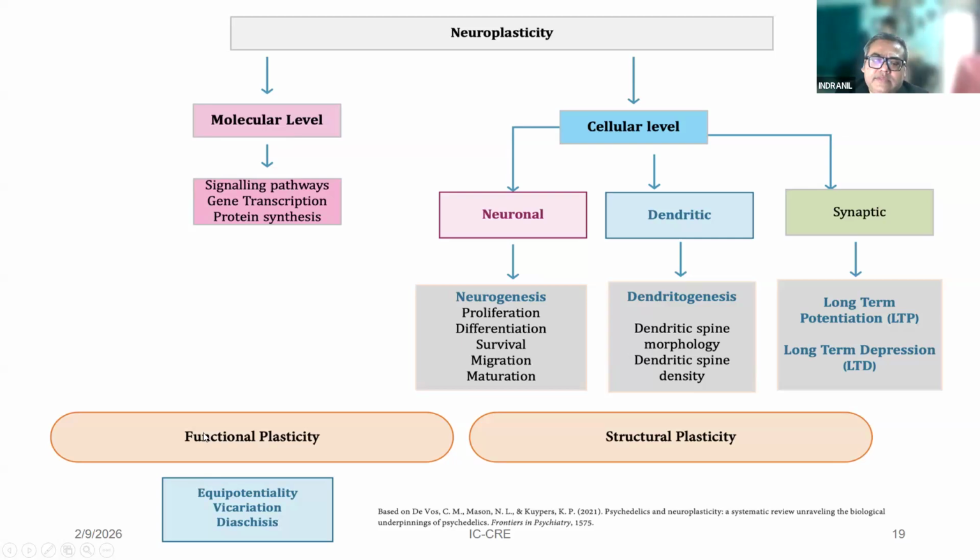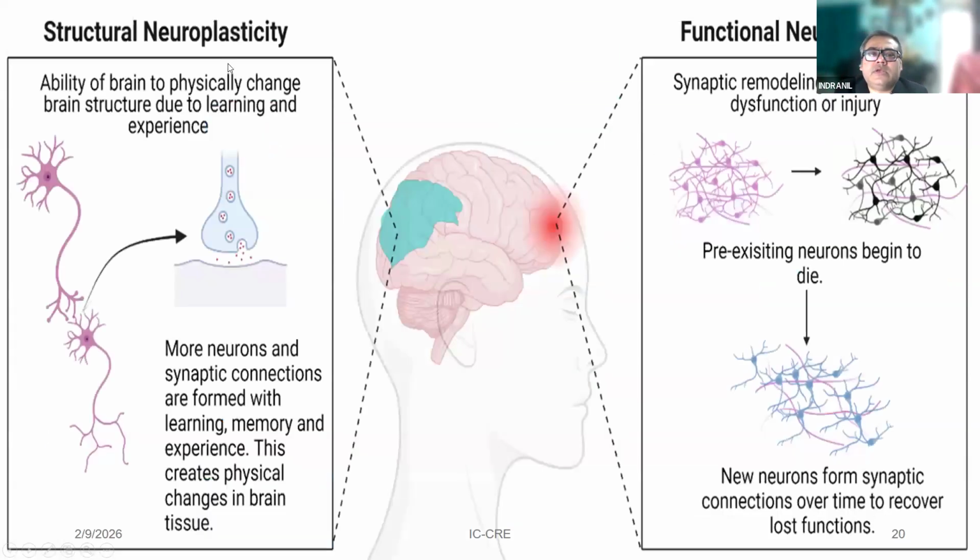So the first, the molecular level, is basically with reference to functional plasticity. It is one important part that functional plasticity occurs at the molecular level, and structural plasticity occurs at the cellular level. That is the area we have to understand. Structural neuroplasticity, in a very simple way, is the ability of the brain to physically change its structure due to learning and experience.